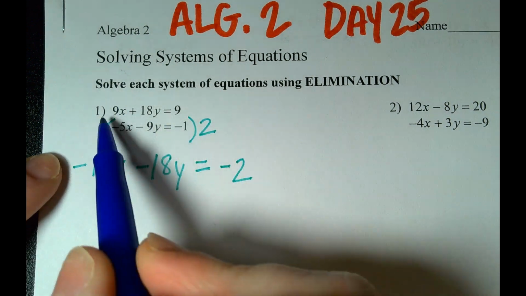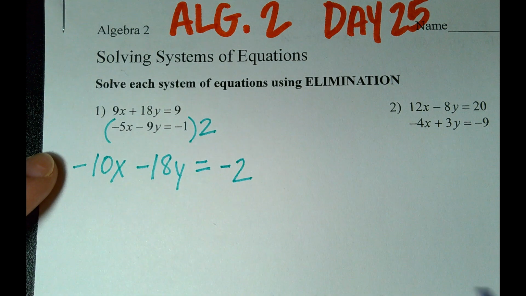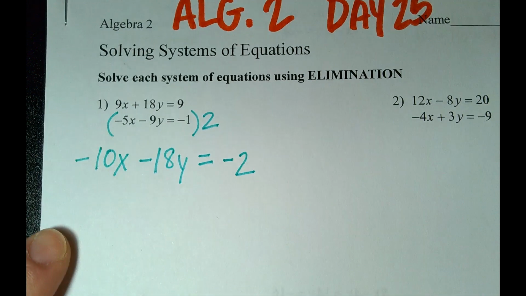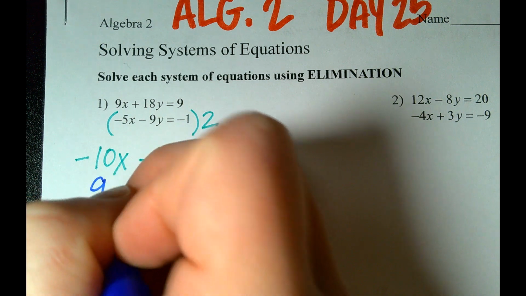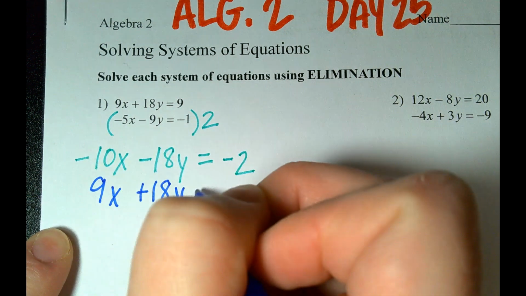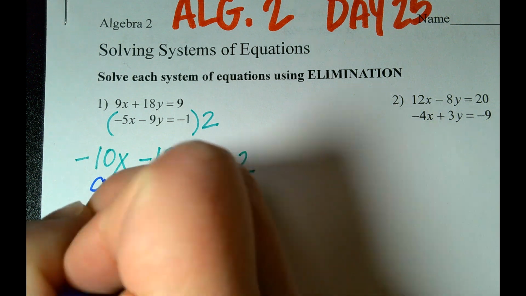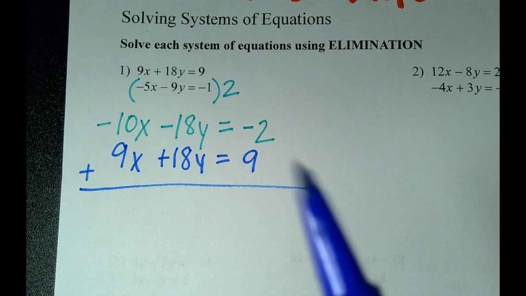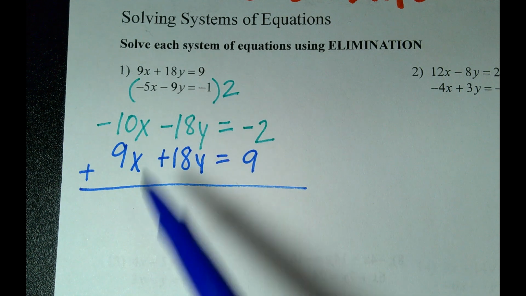I'm going to do that by stacking these two equations on top of each other and adding them together. So I'm just going to rewrite my first equation: 9x plus 18y equals 9. And we're going to work this like an addition problem. So I'm going to look at my x's first.